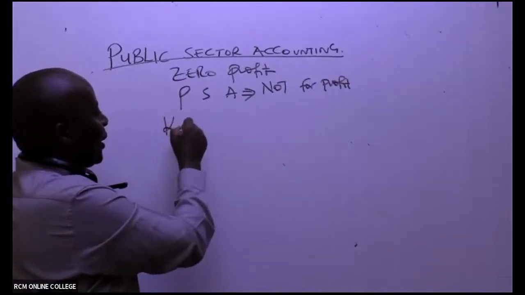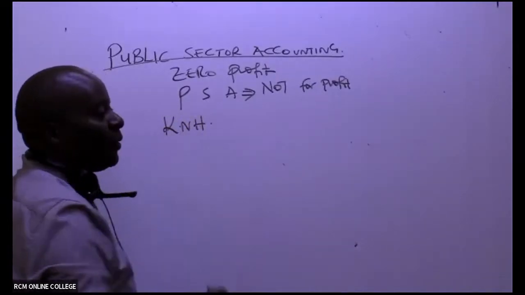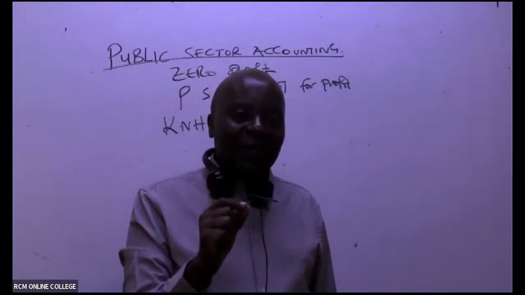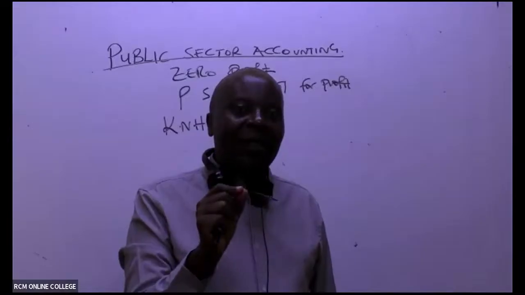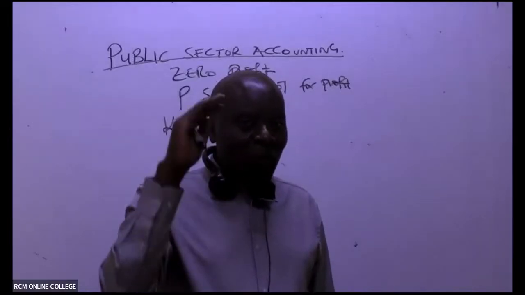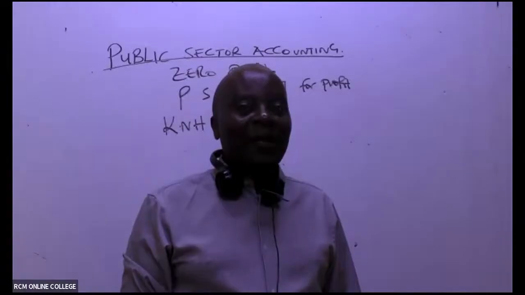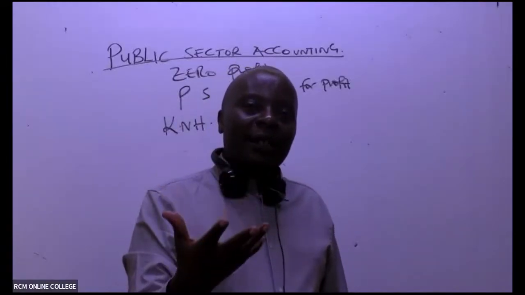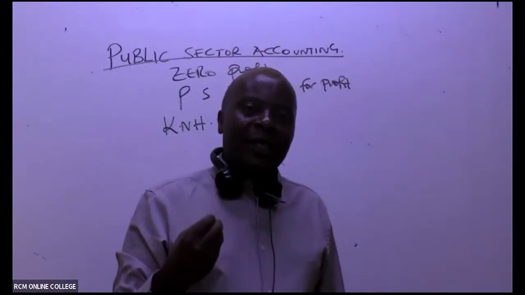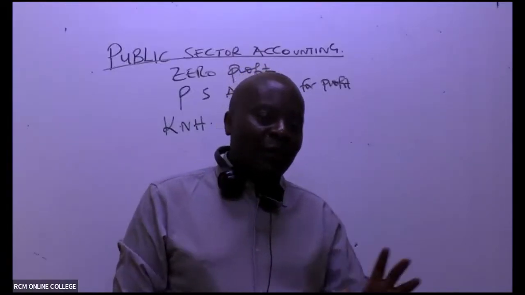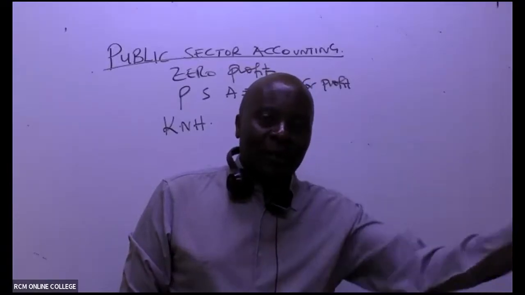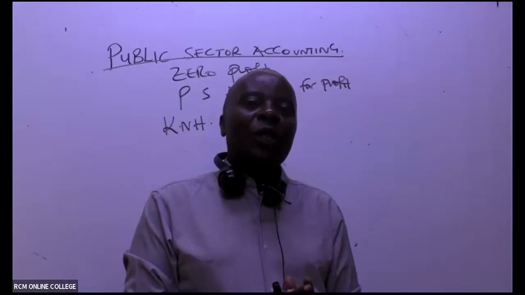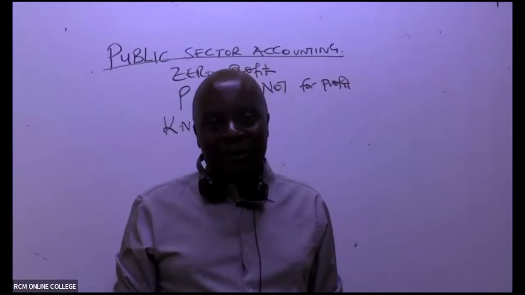For example, if you look at Kenyatta National Hospital, ladies and gentlemen, it is really a reputable organization in East Africa. It offers top-notch medical services. But when you go there as a patient, you'll be told to go and queue, and make some payment. The payment will range between 50 shillings to 200 shillings maximum.